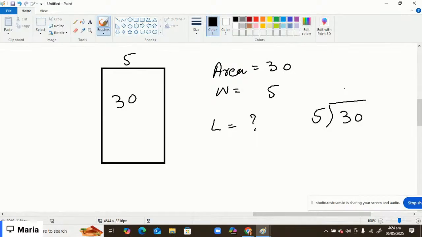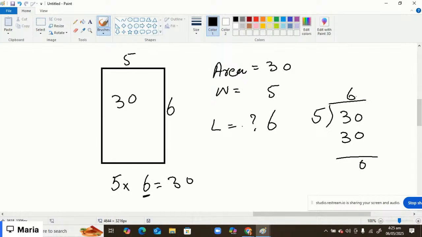No. 5 times which number is 30? 5 times 6 is 30. So we put the middle number on the top and 30 here. 5 times 6 is 30. Okay. So here the answer is 6. So it means that your length is 6.